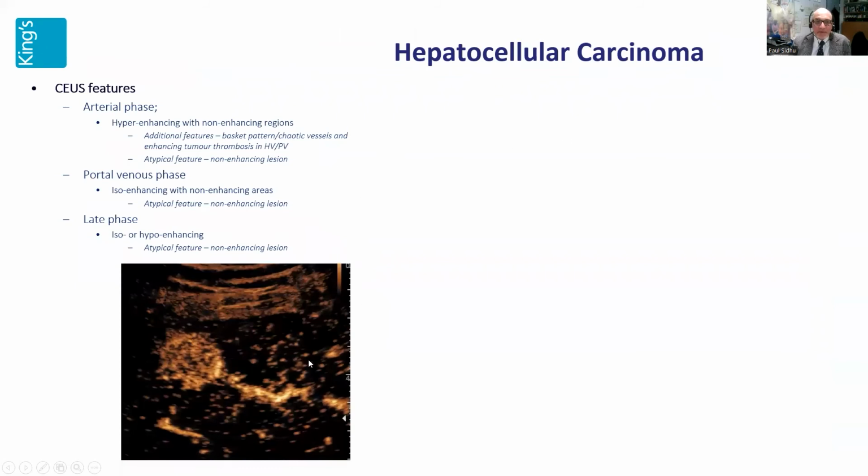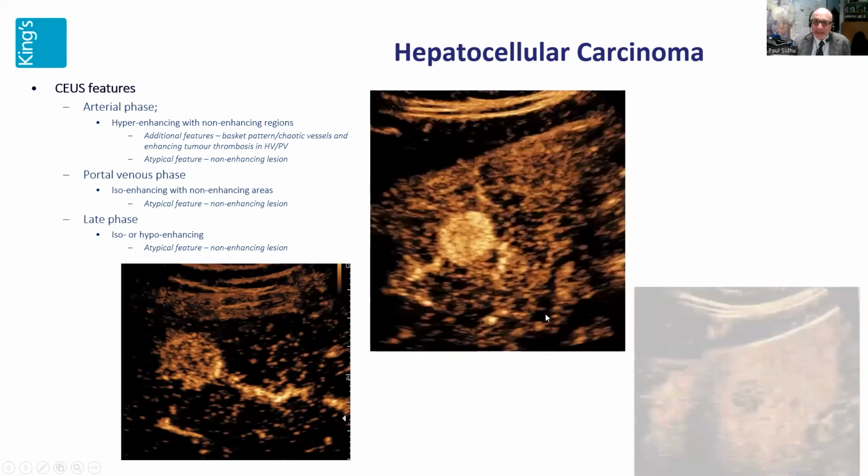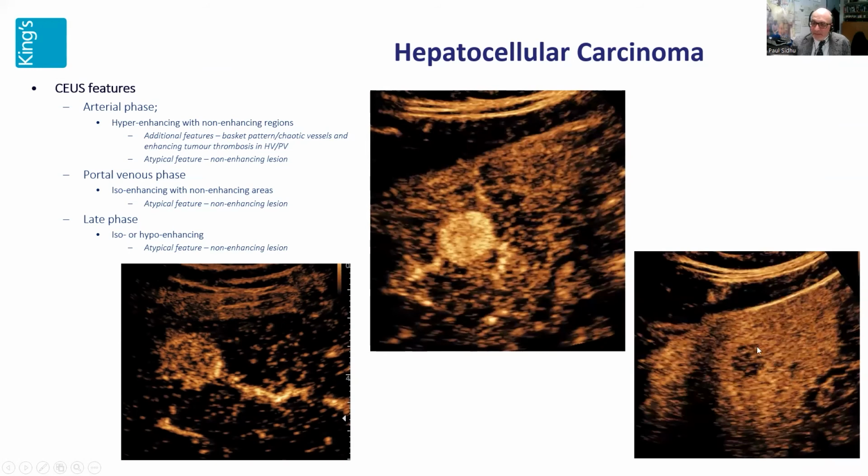So it's important to remember in HCC there's a feeding artery and hyper enhancement in the arterial phase, maybe with basket pattern chaotic vessels. You may see thrombus in the hepatic or portal veins, or non-enhancing lesion, rarely in an atypical lesion. And then over time in the late phase, you may see hypo-enhancing or hyper-enhancing of the lesion, but it sometimes may take quite a few minutes to achieve that washout.